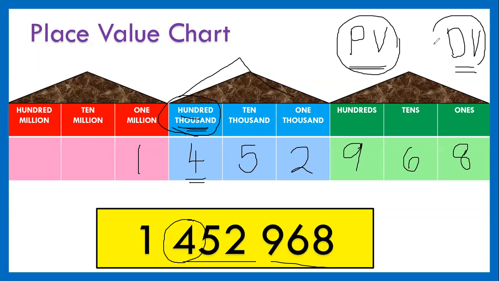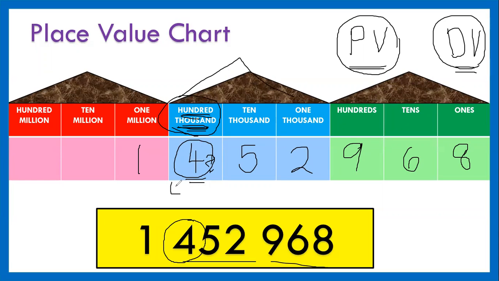Now, the digit value, on the other hand, is asking what is the value of this 4 when it sits in this particular house. Is it just 4 ones? Is it 4 tens? Is it 4 hundreds? It's 400,000. Now, how would you write it out as a digit?